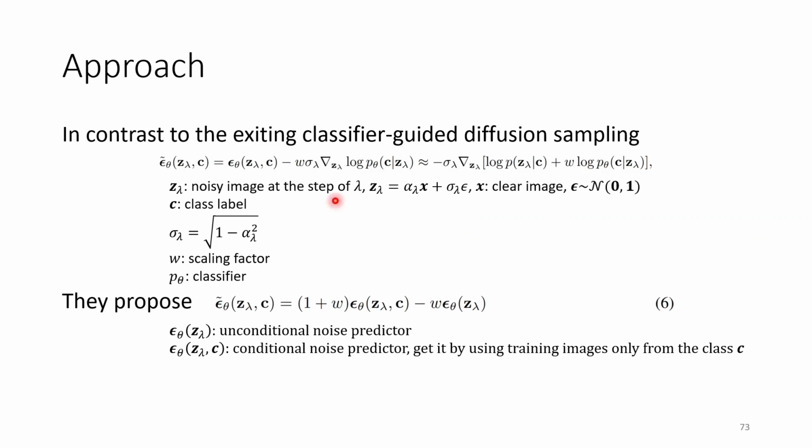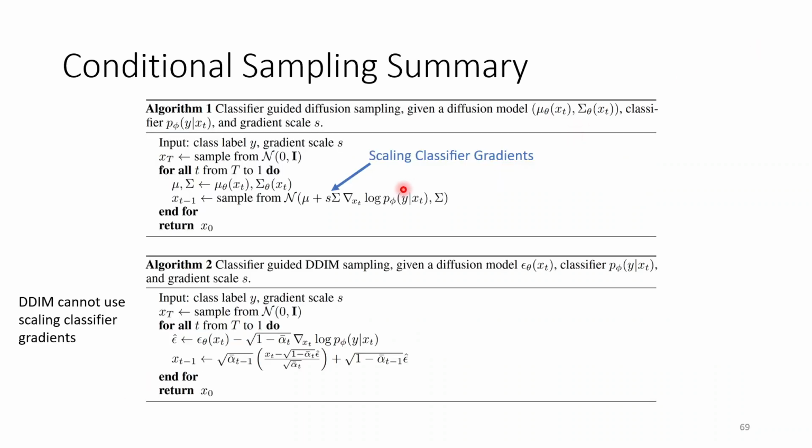approach. So this is the definition for a classifier guided diffusion model here. This is the paper published by OpenAI. You see here they apply a scaling factor to the term of the gradient of a classifier.